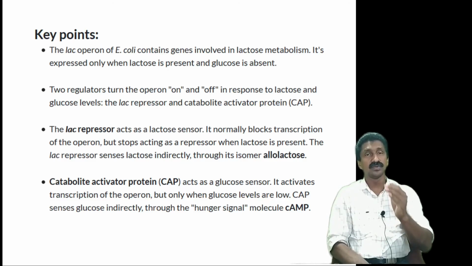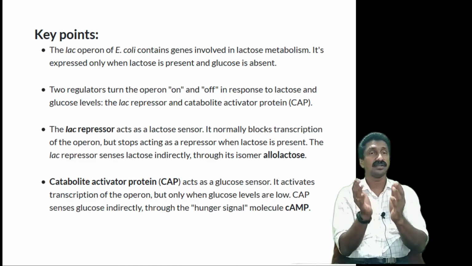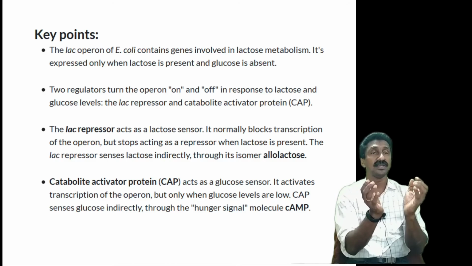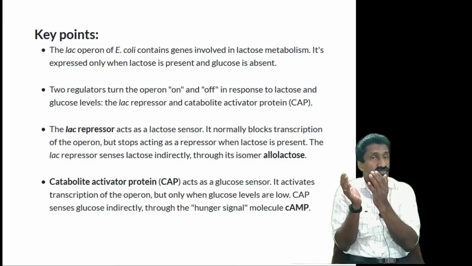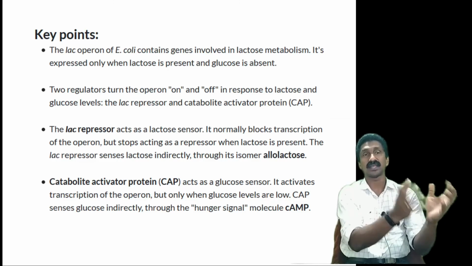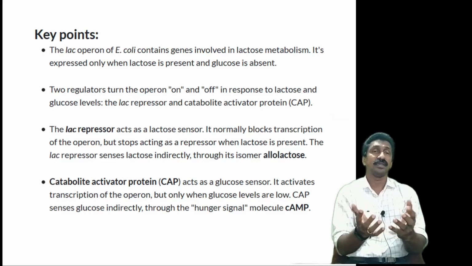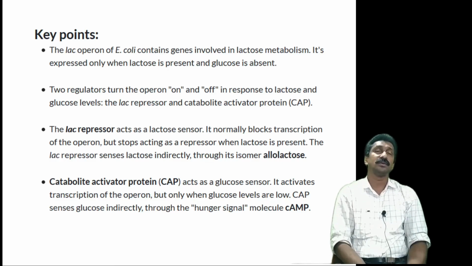CAP senses glucose indirectly through the hunger signal, that is a molecule of cyclic AMP, and in the absence of glucose, cyclic AMP will be present. So this cyclic AMP acts as a hunger signal or a demand for the production of glucose molecules by breaking down lactose.